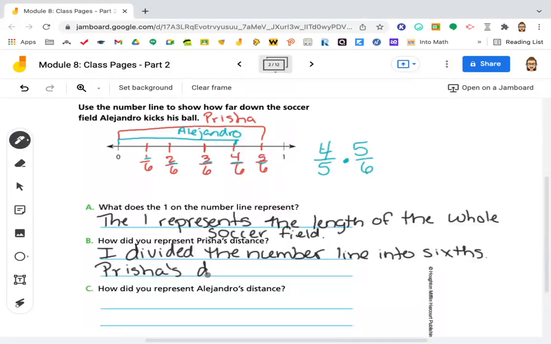Prisha's distance is represented by 5/6.